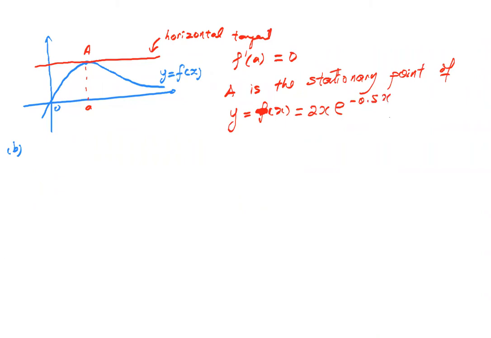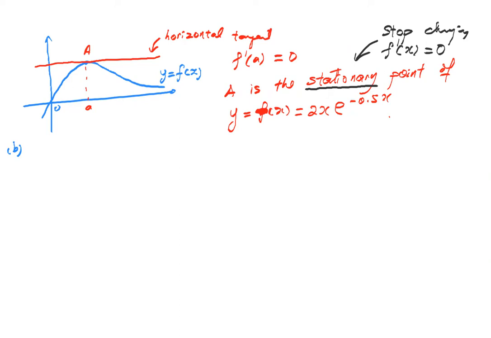Learn up this word. When you see in your question the word stationary, what does it mean? It means stop changing. Stationary has the sense of stop. Stop changing means f prime x equal to 0. So from now onward, I will not ask you to find when the rate is equal to 0. I will ask you to find the coordinates of the stationary point. Clear?